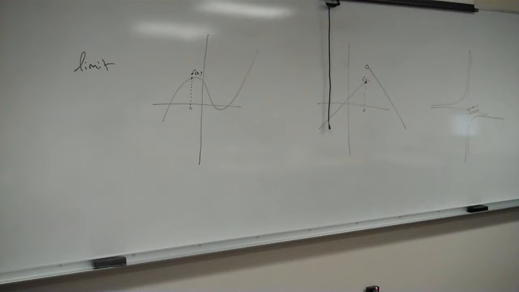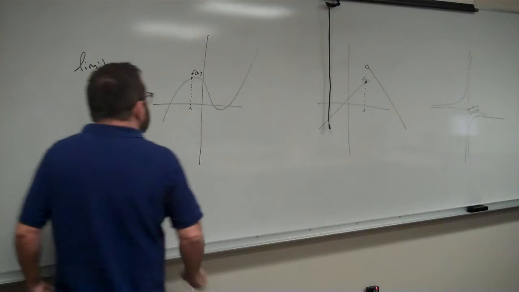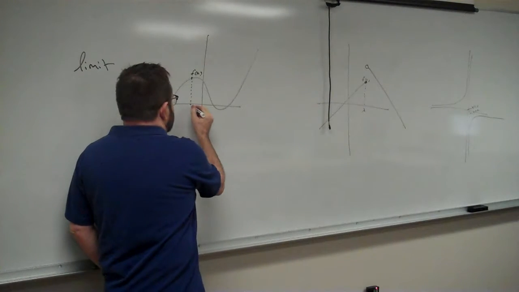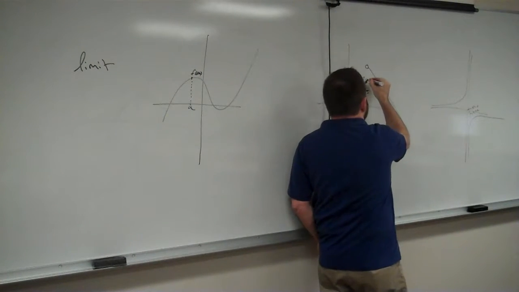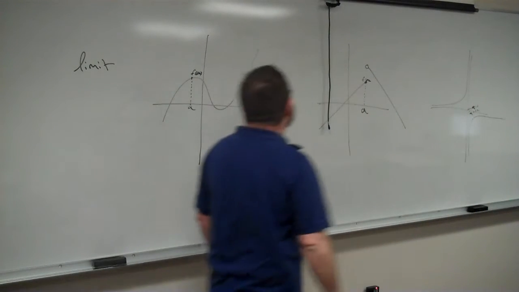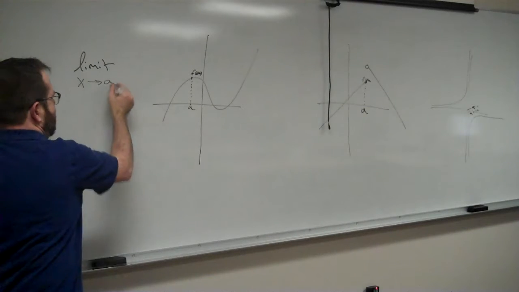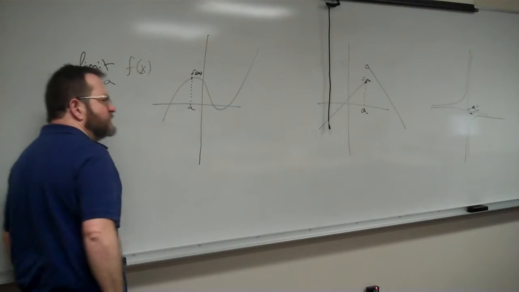But we could talk about this in the context of what we call a limit. Let's instead of calling this x, call this a. We could talk about the limit as x approaches a of our function f of x.